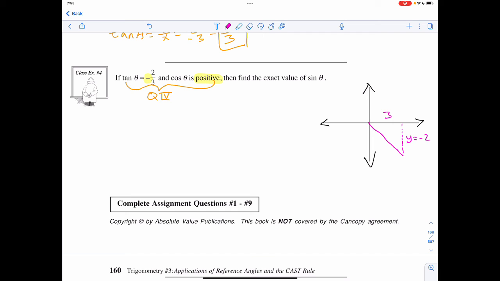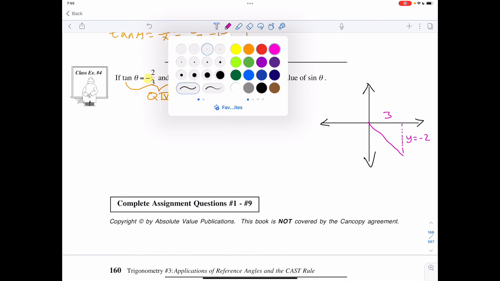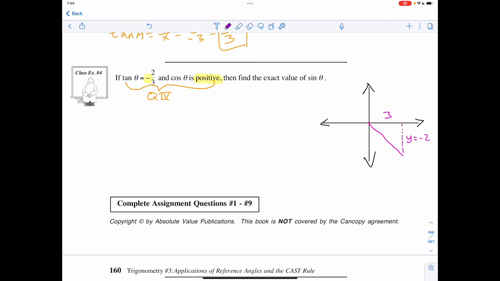I can use this to solve for my r. R squared is equal to 3 squared plus -2 squared, or if I want to make it quick, the square root of 3 squared plus -2 squared.